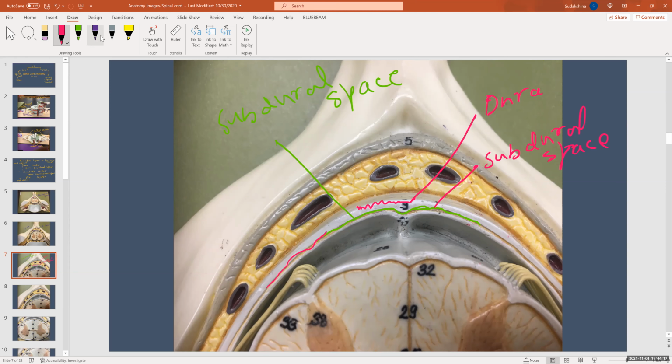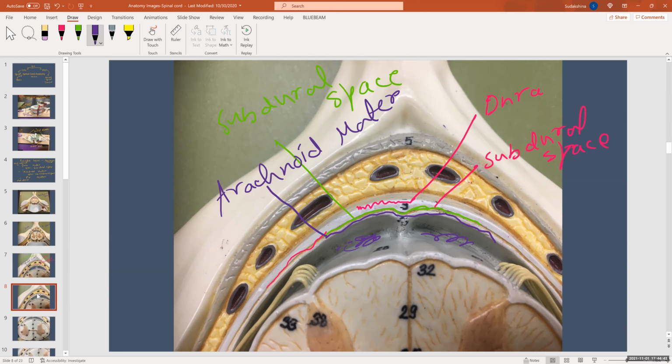Where is the arachnoid mater? Right there, this layer. This is arachnoid mater. Below that, this space, this is subarachnoid space.